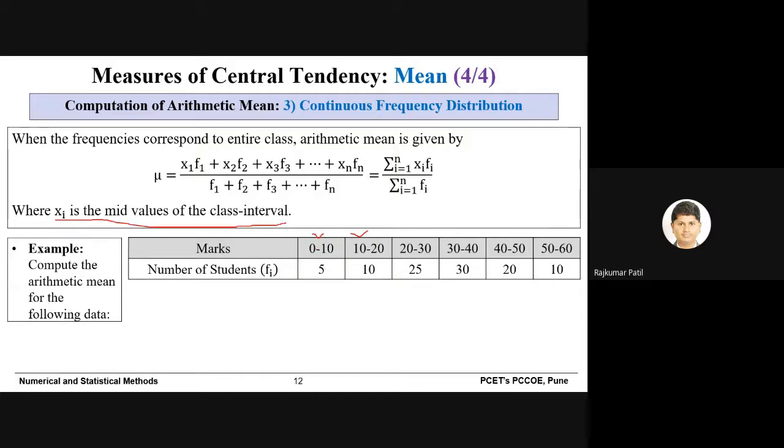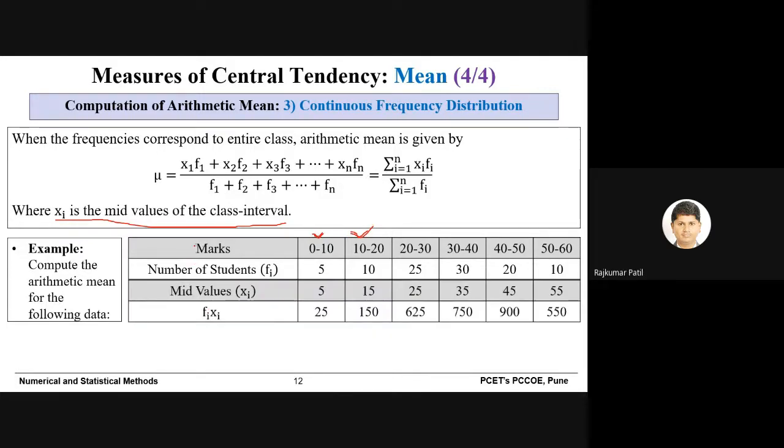So for each interval, we will take only the middle value. You can see the marks row is modified to mid values and it is called xi. So 0 to 10 mid value is 5, 10 to 20 mid value is 15, 20 to 30 mid value is 25, and so on. You can see how we can prepare this row as xi values.